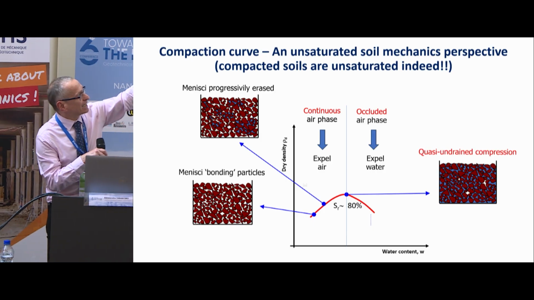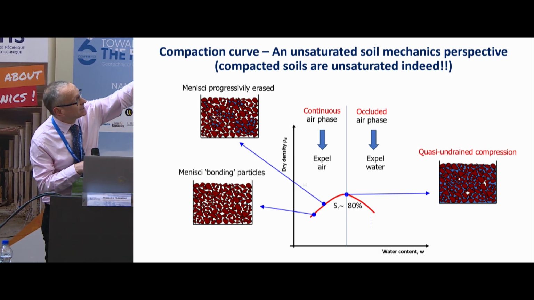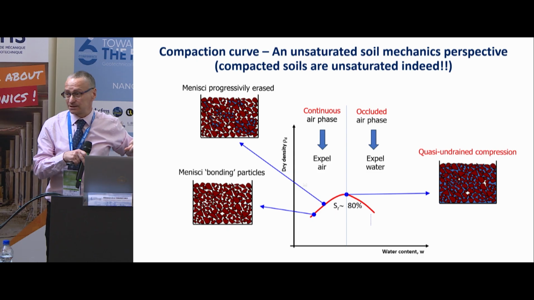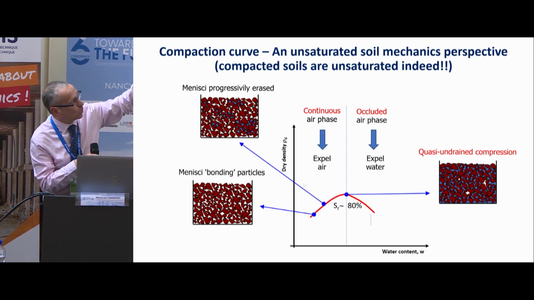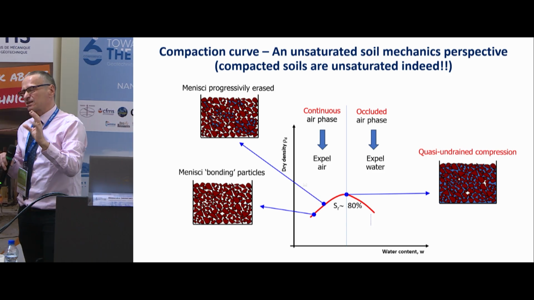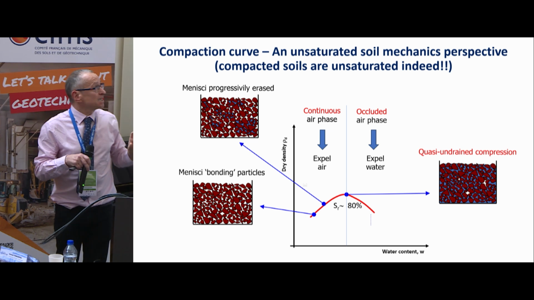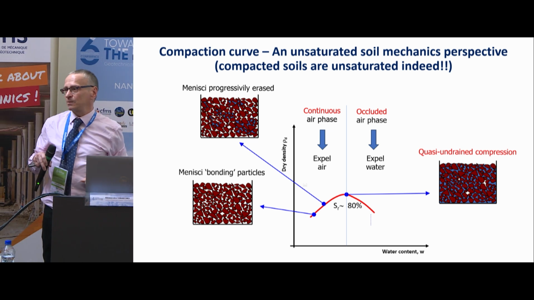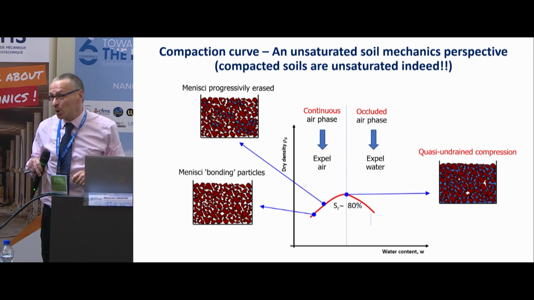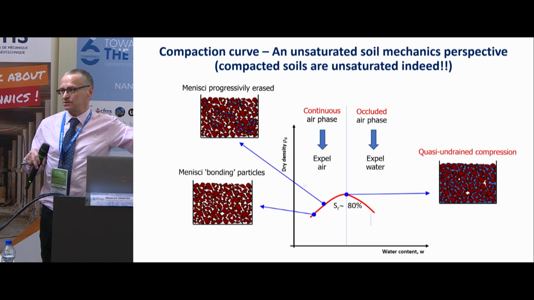So the reason why it is becoming more and more complicated is that you need to chase the water. So close to the optimum, on the wet side, probably there is a mix of compression of air bubbles. Virtually, when the soil becomes saturated, there is no way of compressing it. And we know about it, because we all think about dynamic compaction.